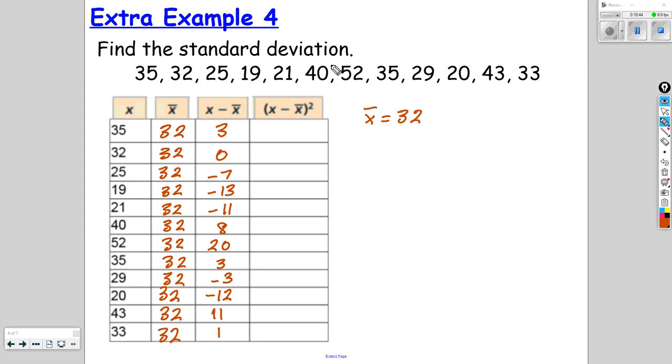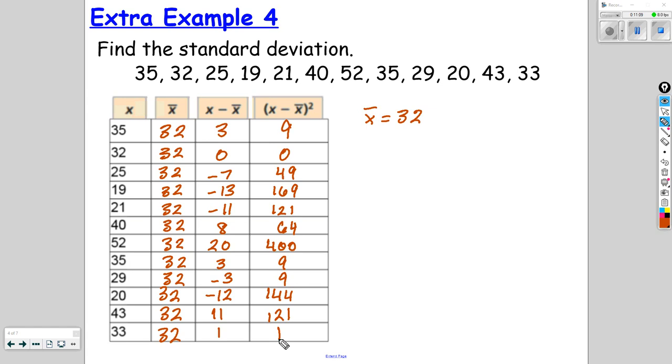Now, of course, in the right-hand column, what we're going to do is square these values from that third column. So we're going to square 3, and we get 9, and then 0, 49, 169, 121, 64, 400, 9, 9, 144, 121, and 1.